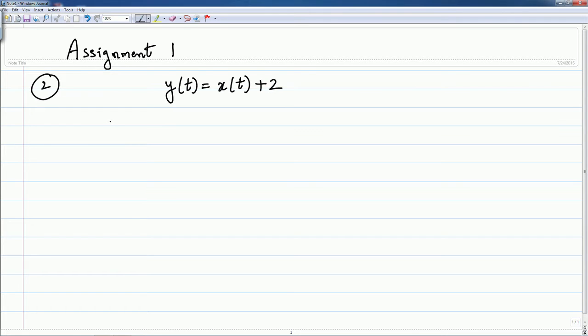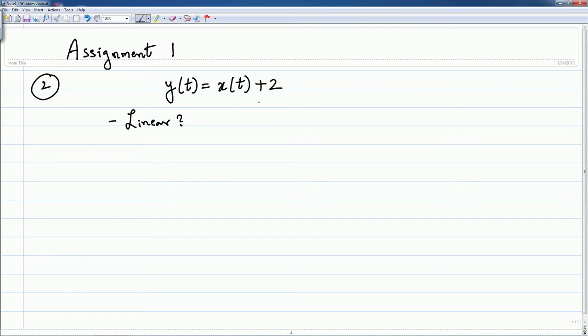The question that is asked is, is it linear or non-linear? So how do you go about answering such questions? Here's a little tip. All problems in this class will be quite simple in a certain sense. There will be a certain definition for a property, and you will be asked to check whether that property is true.